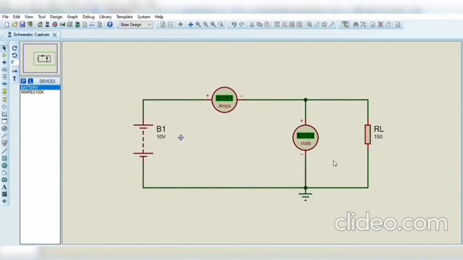And second, we change the value of RL with 300. After we run, we got the value of UL is still 10 volt and the value of IL is 0.03 ampere. And the last one, we change the value of RL with 1000.